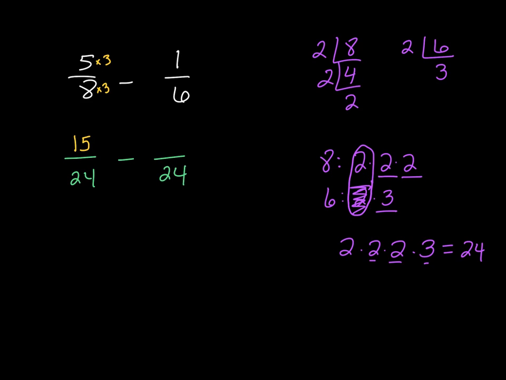So that gives me 15 over 24. And then 6 would have to be multiplied by 4. So I multiply this numerator by 4, which gives me 4. Now 15 minus 4 is 11. And then of course again we keep that common denominator. So 11 over 24.